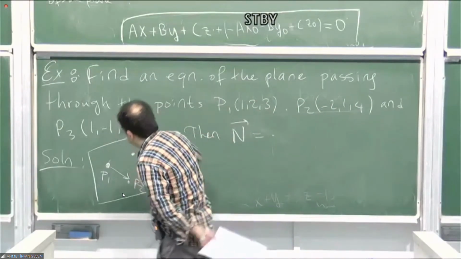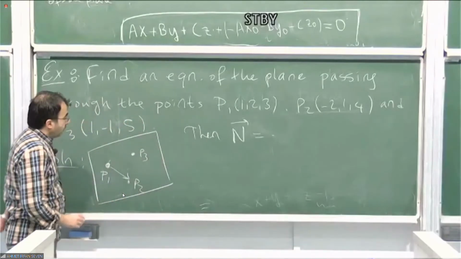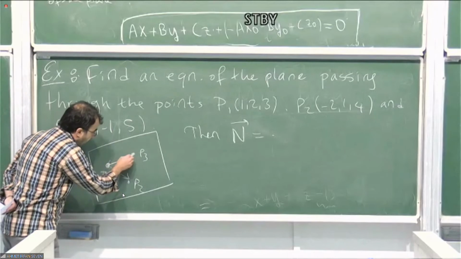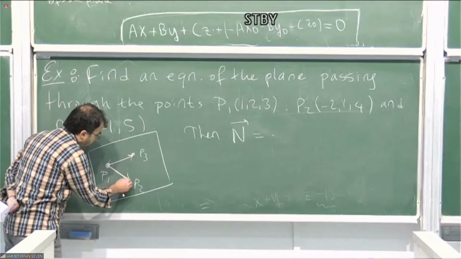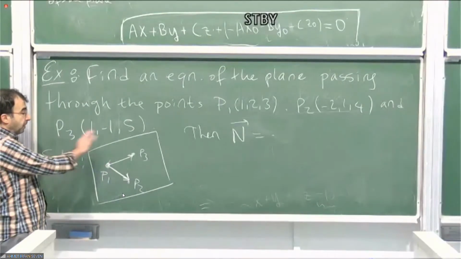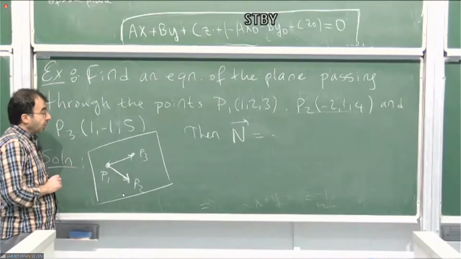For this, I may consider the following. When I have these 3 points, P1, P2, P3, I can form the vectors P1P2 and P1P3. These vectors will be on this plane. All right?